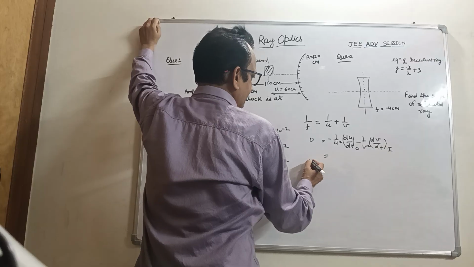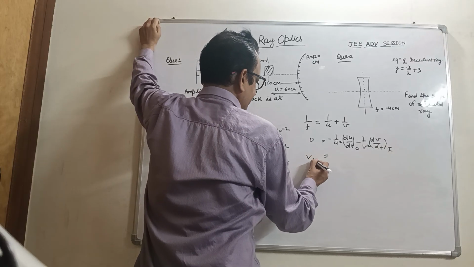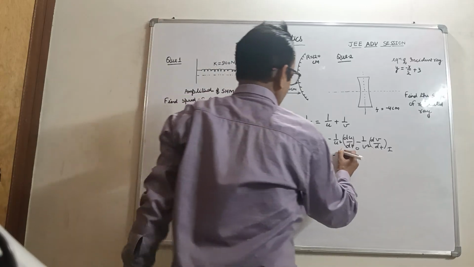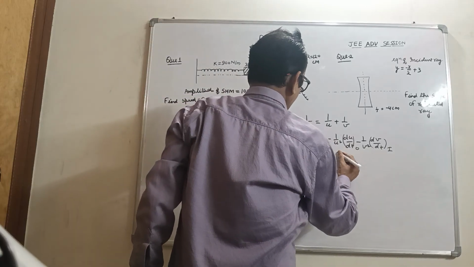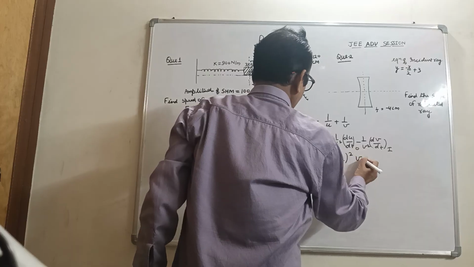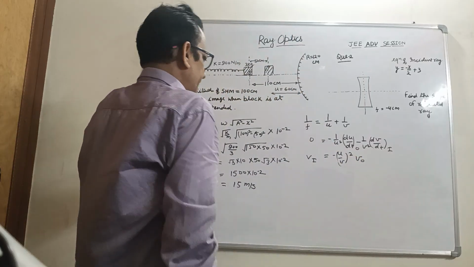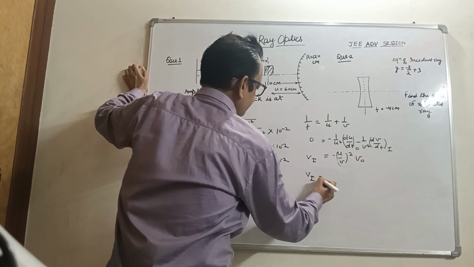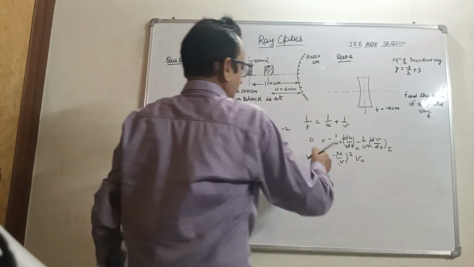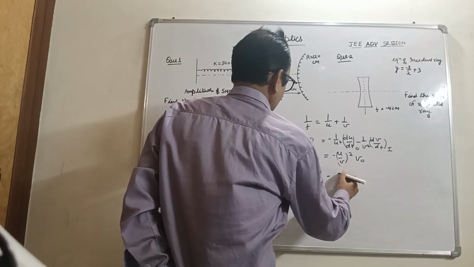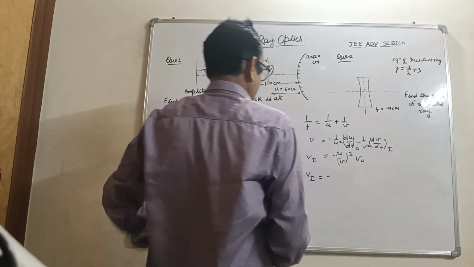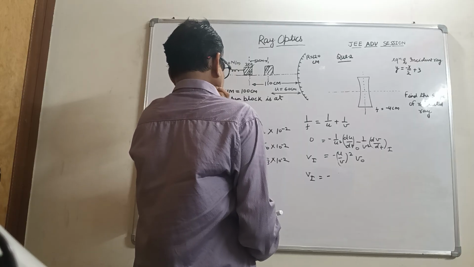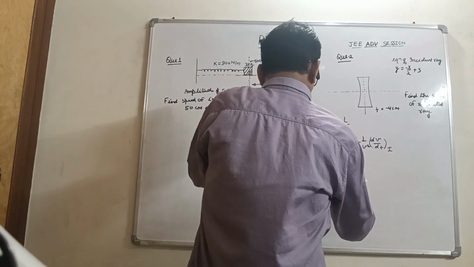So we write the velocity of image would be minus u by v whole square into velocity of object.